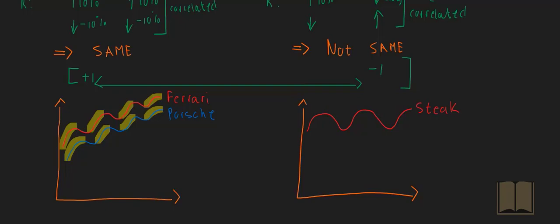Now a company that has a perfect negative correlation with this company that sells steak would display the following behavior in terms of its returns. When steak goes up, it would go down, and when steak goes down, it would go up. Again, when the share price of steak goes up, it would go down, and when the share price of steak goes down, it would go up.